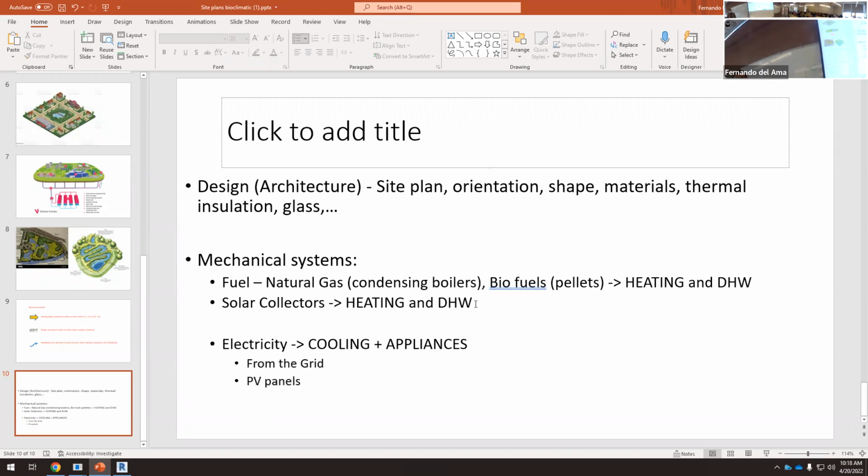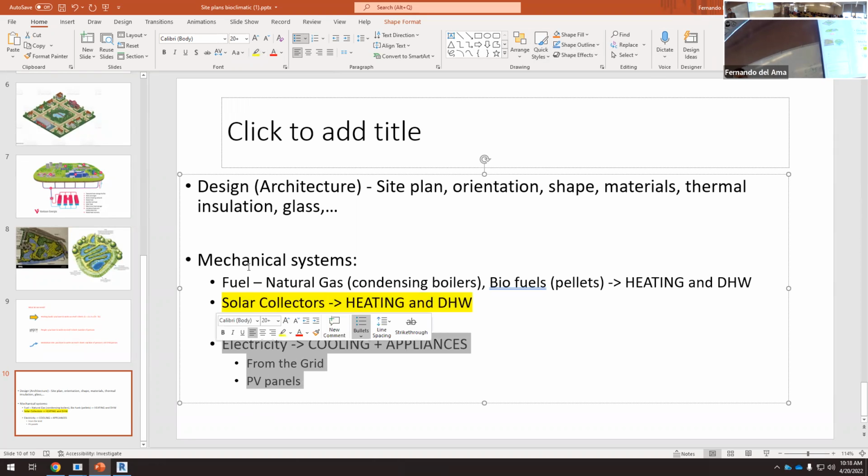Okay, so this is what we are going to do. We're going to work with solar collectors, and we're going to work with PV panels, and we're going to use electricity from the grid.